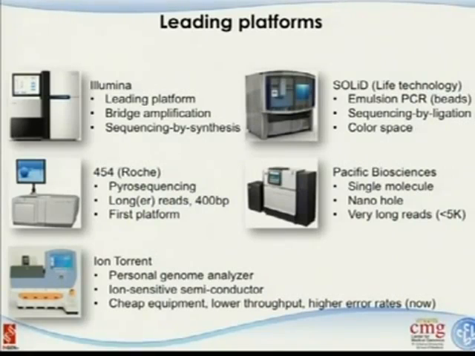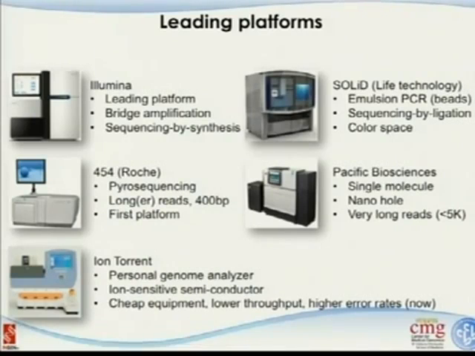That makes things a lot more complicated. But the added benefit is that it's more accurate, because every single read you actually sequence twice. So if the sequencing error is 1%, with SOLiD, in theory, you get 1% of 1%. So it's much more accurate.